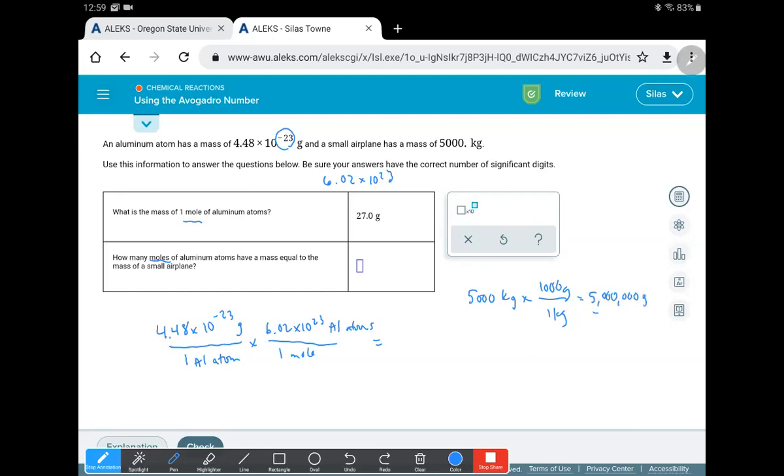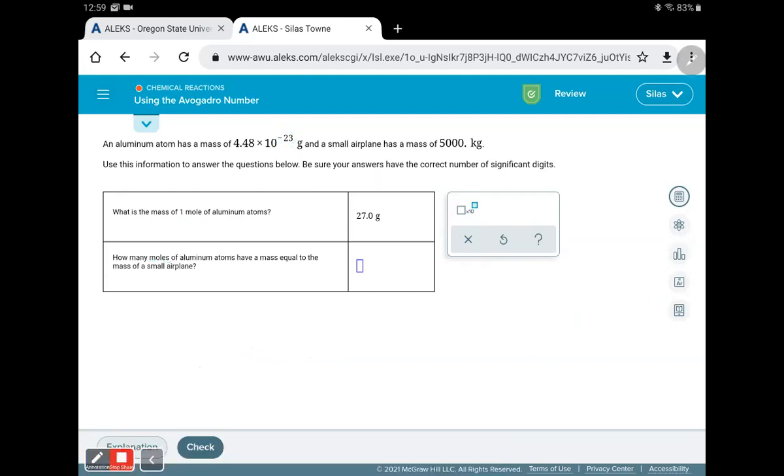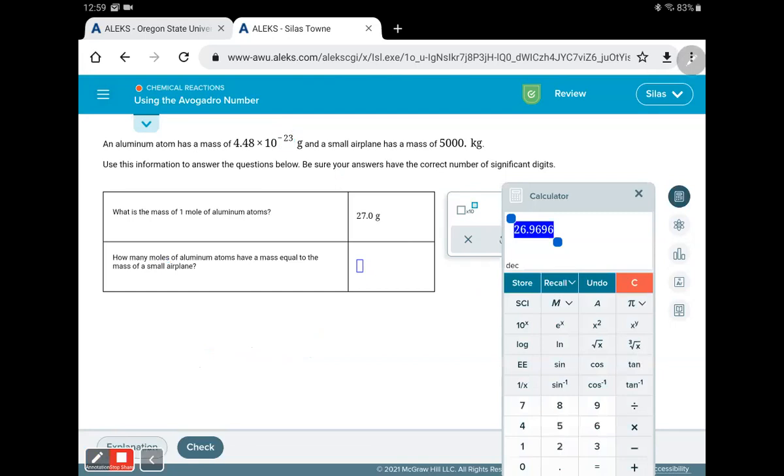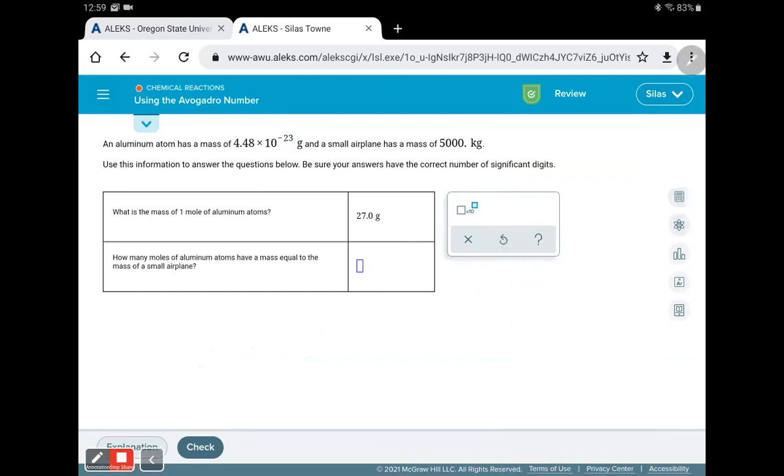And then every mole has, I'm going to use my full number from before, 26.96. I'm not going to round that yet. 26.9696.